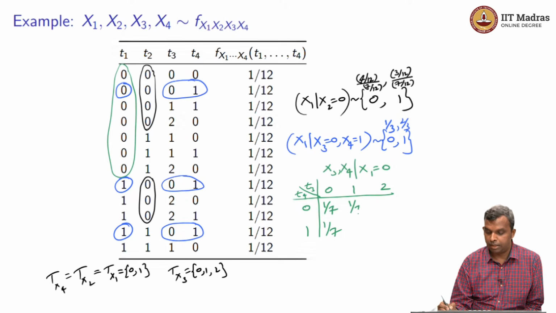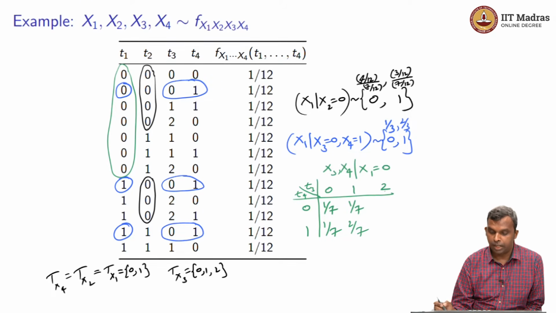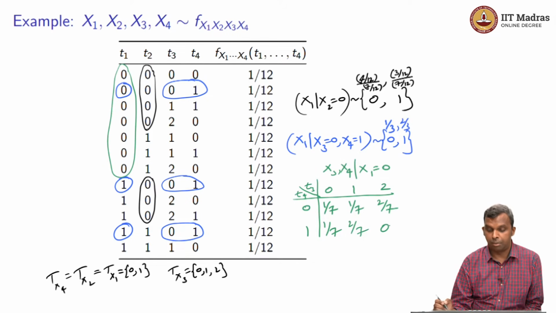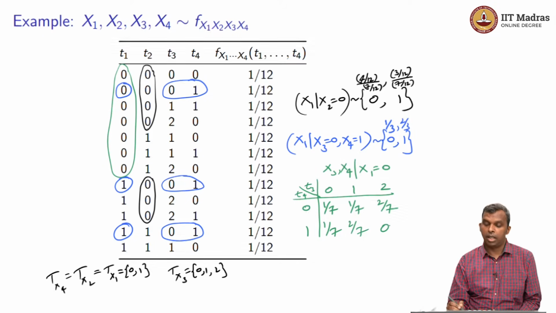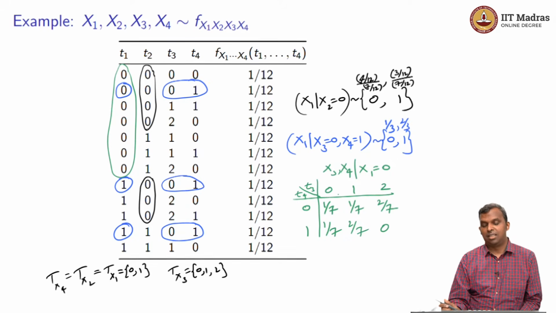That's again 1 by 7. 1, 1 happens 2 by 7, right? So it happens twice. It happens once here and once there. And then 2, 0, that happens twice again. That's 2 by 7. And 2, 1 never happens. Okay. So you see here it works out to be a joint PMF in this way.